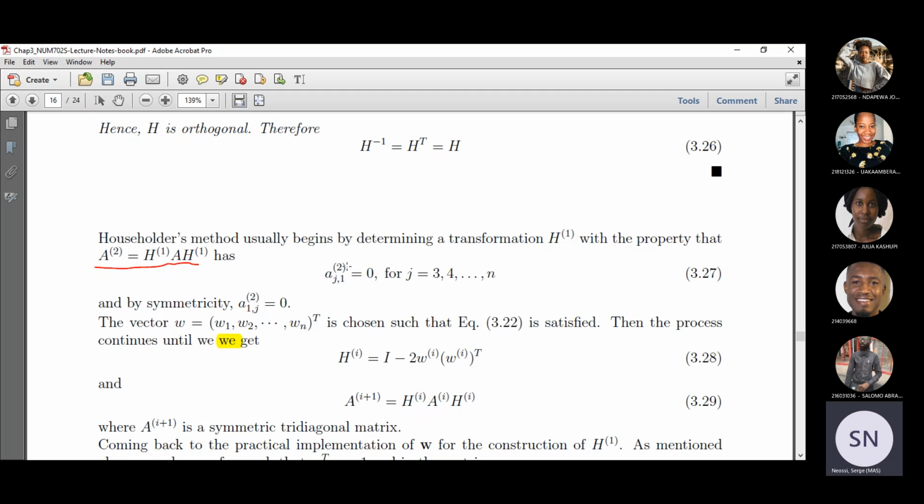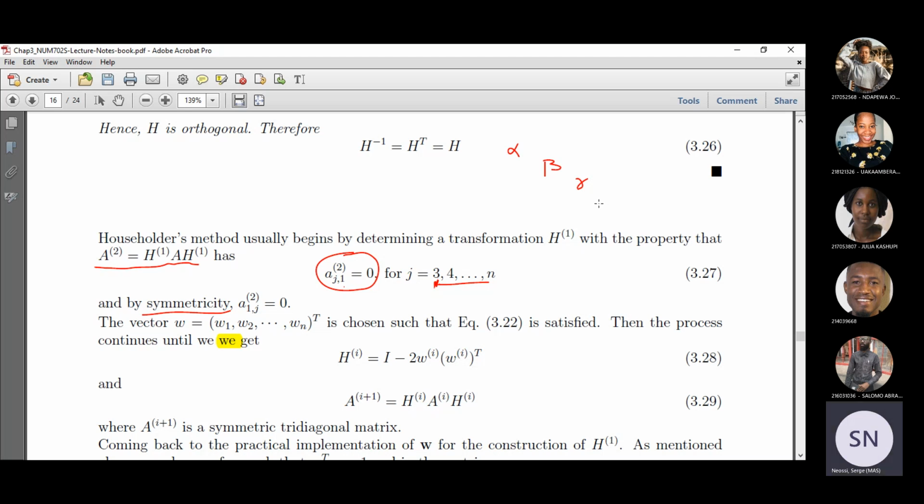Now in A2, all the entries from the third position to the last are 0. And because all our A's are also symmetric, by the symmetry property, the corresponding entries will be 0 too. Let's say we have alpha, theta, gamma, delta.